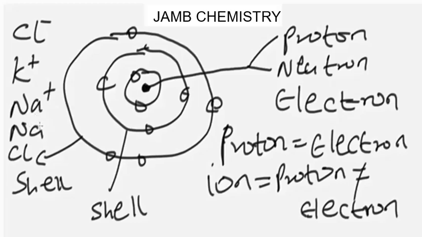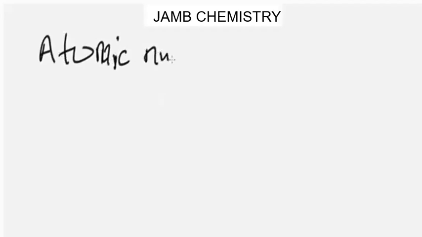Okay, so having known this, let's look at the concept of atomic number and mass number, the difference between atomic number and mass number. Now let's look at what an atomic number is.